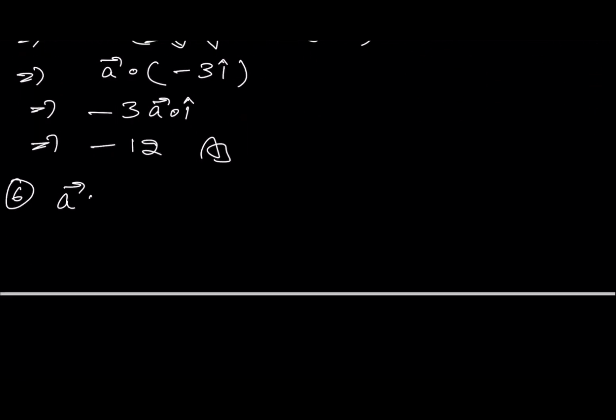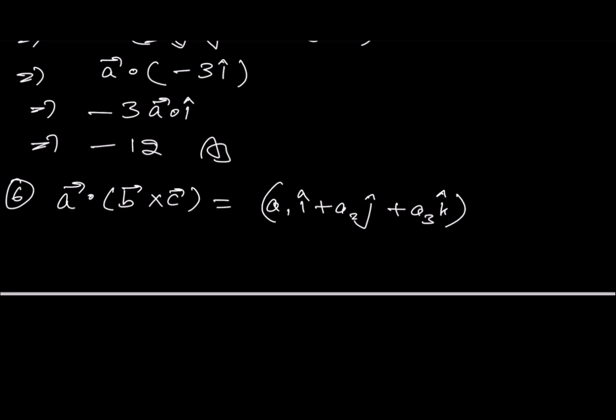A dot B cross C, where B cross C is equal to the determinant with rows I J K, B1 B2 B3, C1 C2 C3.